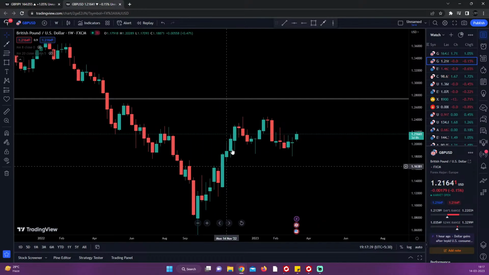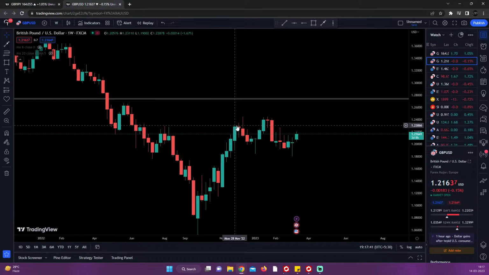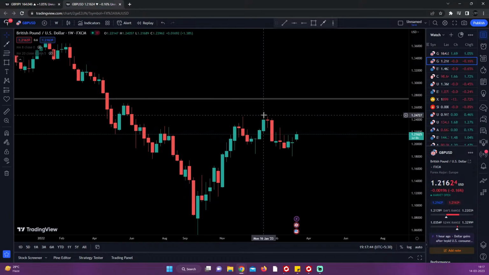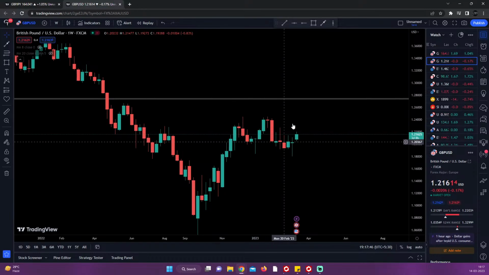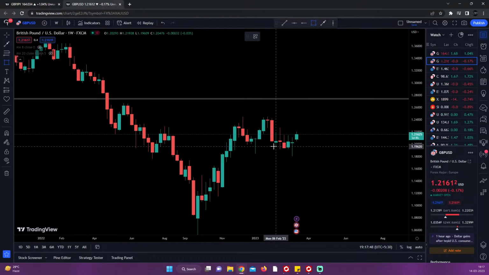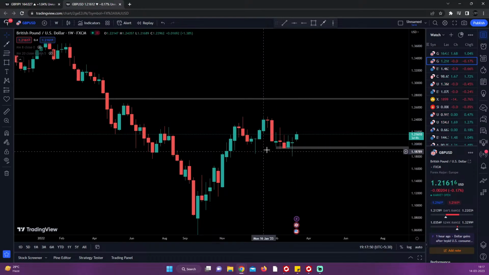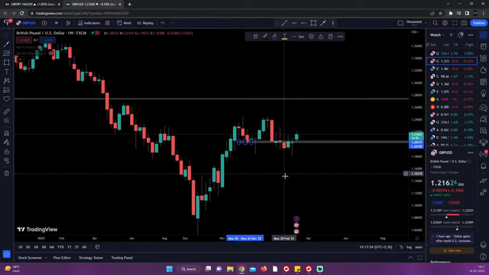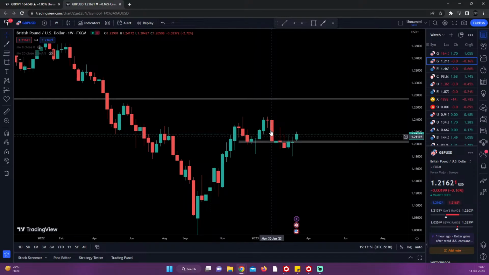It created a low, then it formed a high over here, then it created another low, then another low, then another low over here. So we can see clearly that the market was consolidating on this support over here.